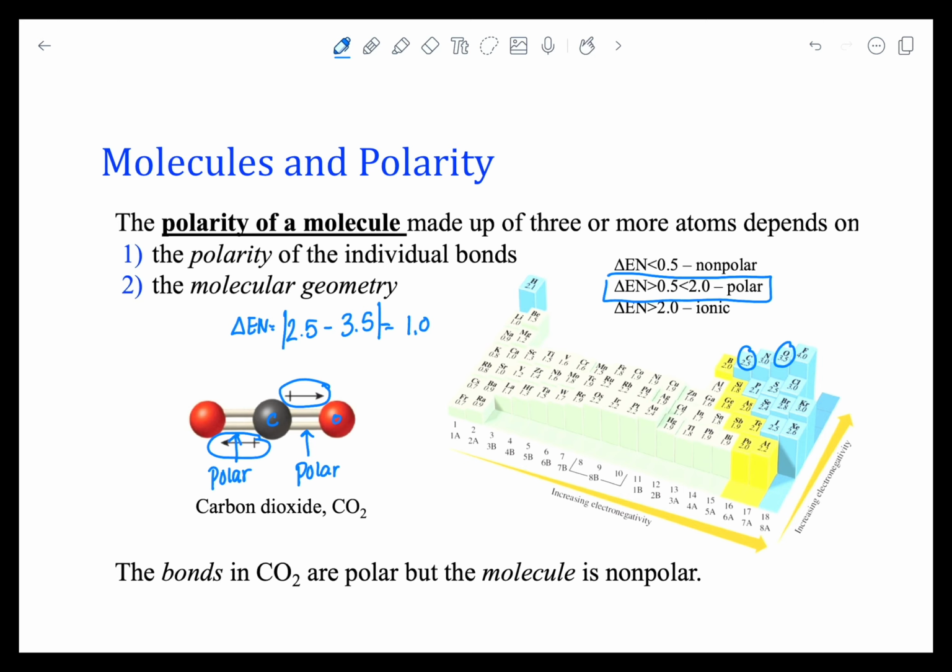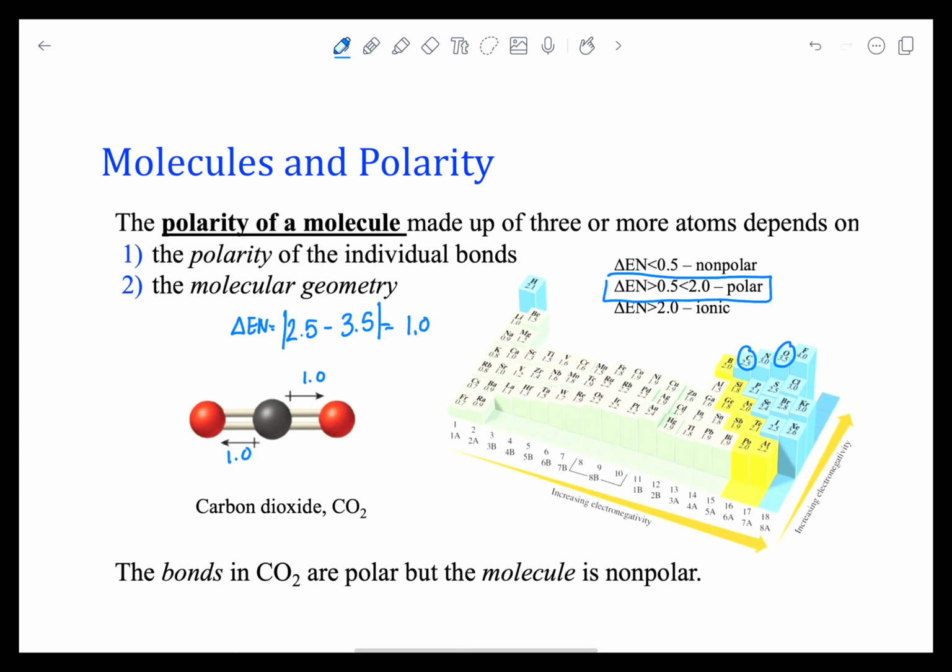Now, we can have molecules that have polar bonds but are overall nonpolar because we have to think about how the molecule is set up. So I'm going to erase our little notation here so we can easily see this. Our electrons are being pulled in carbon dioxide in equal but opposite directions. These are both oxygens, so they're both being pulled towards the oxygens with equal amounts because the difference in electronegativities for both of these is 1.0.